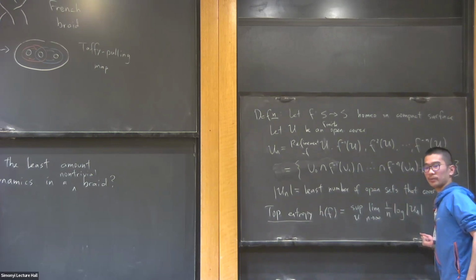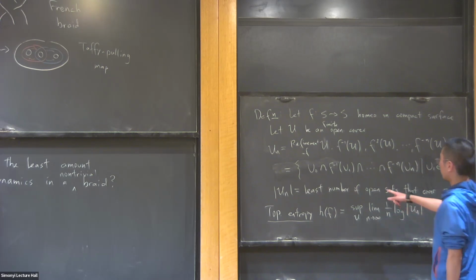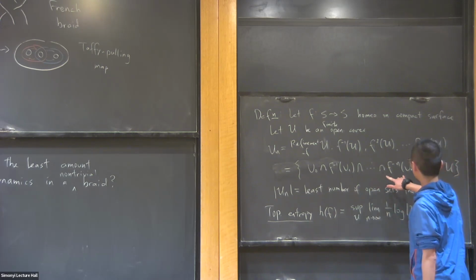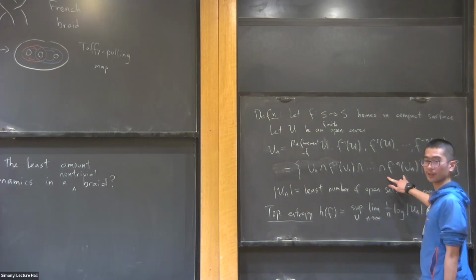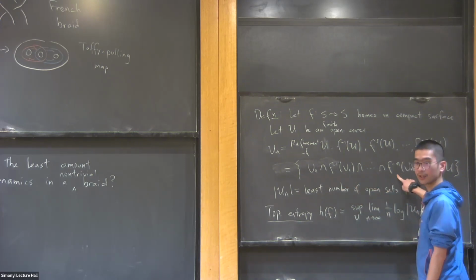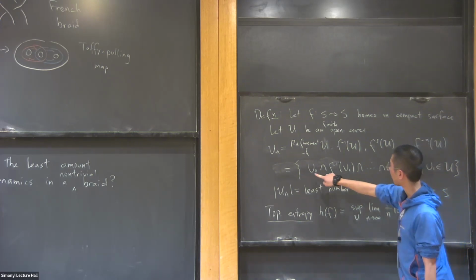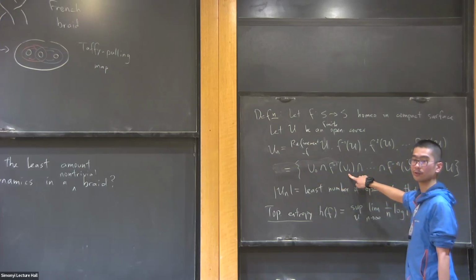So I'm not really a dynamicist, and this is just abstract limits to me. How I usually like thinking about this is, well, I look at the elements of this open cover, and I think of these things as itineraries. Meaning, if you take a point in this open set, it means that this point started in U0, and when you apply f, it lies in U1.